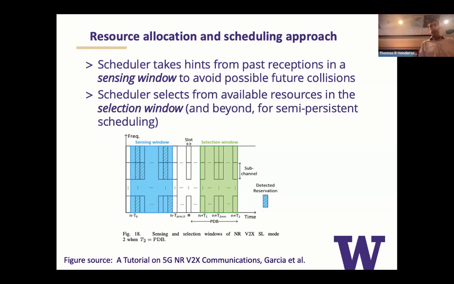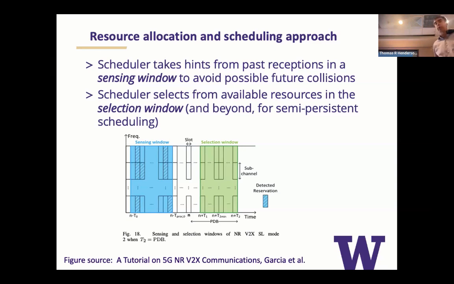So basically, there are two parameters here called T1 and T2 that govern the length of the selection window. T1 is like 2 or 3 slots in the future. So you're assuming I can't schedule for the next slot, but maybe 2 or 3 slots from now is the first one that I'll be able to schedule this new PDU on. And then I want to do it before the packet delay budget expires.